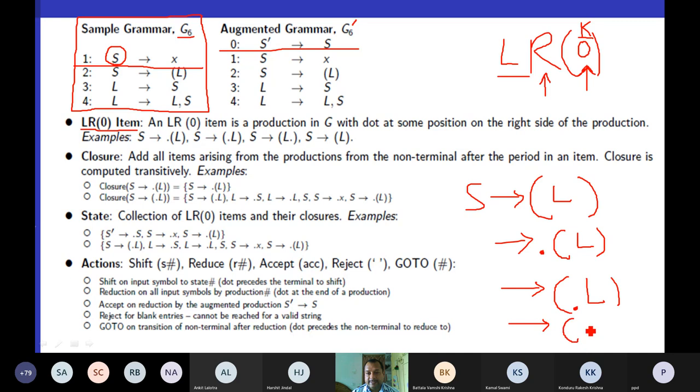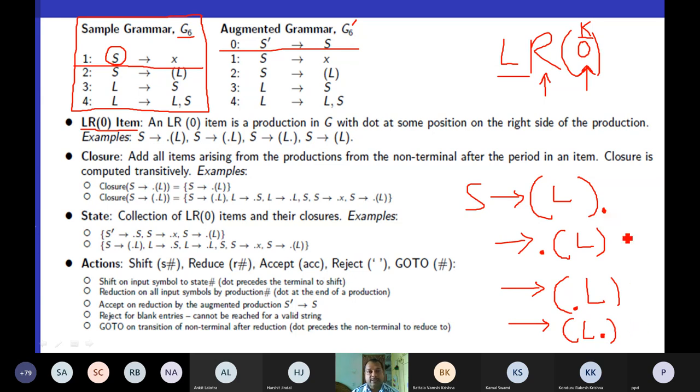Next, the dot is right after L, but before the closing or right parenthesis, and another one will be after everything, after the closing parenthesis. So corresponding to the second production rule, so many different items are possible.